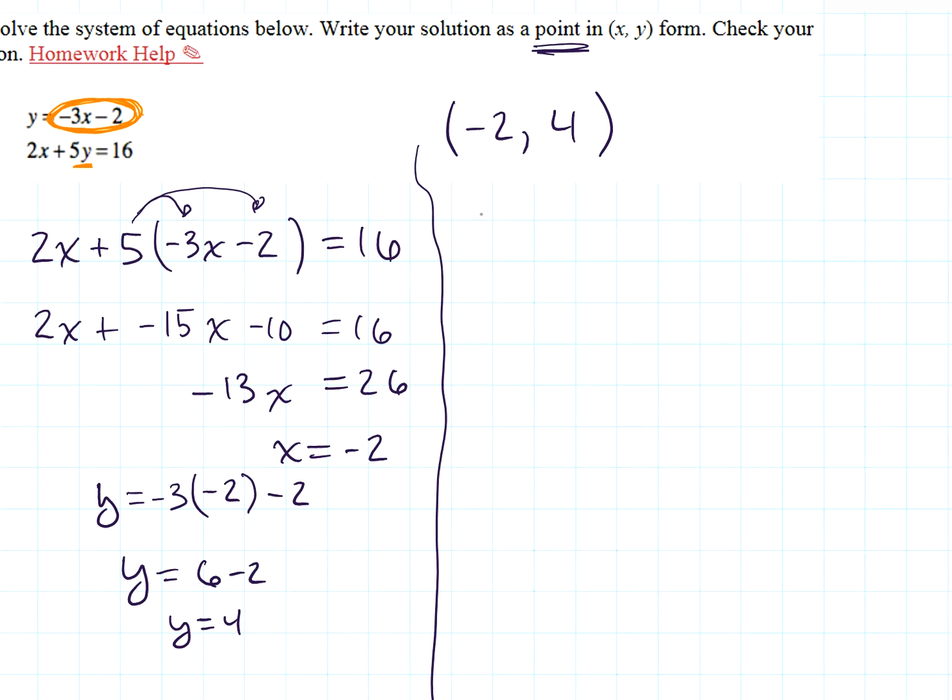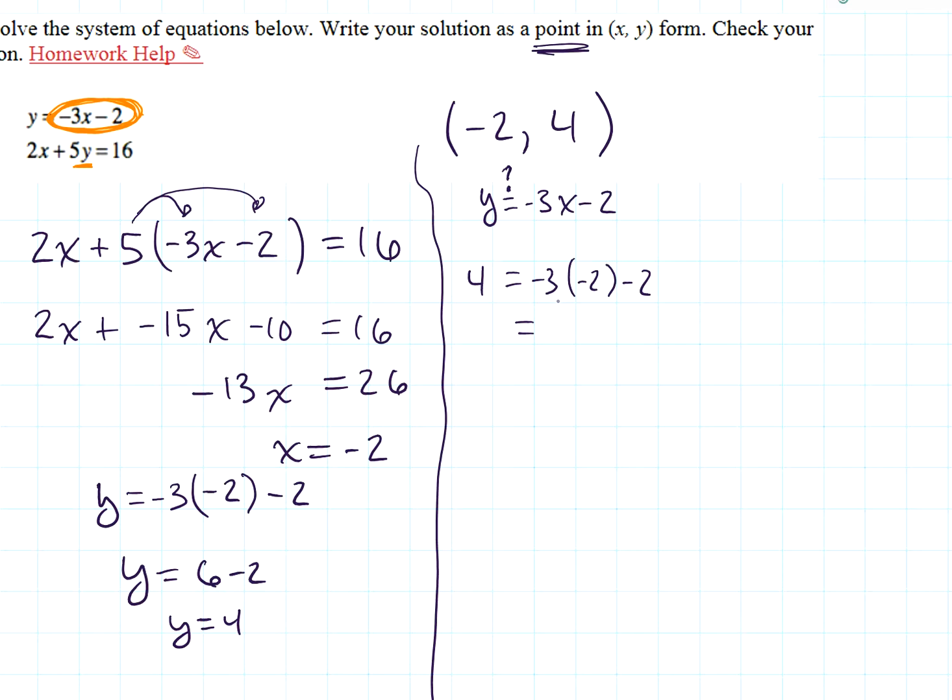So let's consider the first equation there, right? That first equation says y equals -3 times x minus 2. And I'm going to put a question mark here because I'm checking this. The value of y that I found was 4, so I'm going to say 4. I'm going to plug that in, equals -3 times, and x is -2 minus 2. This looks familiar. I just did this problem.